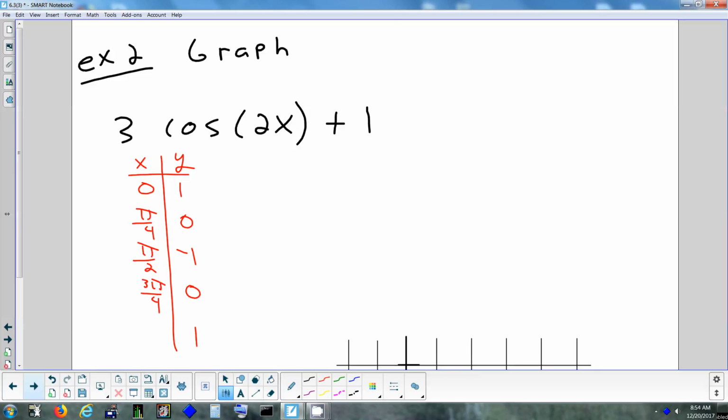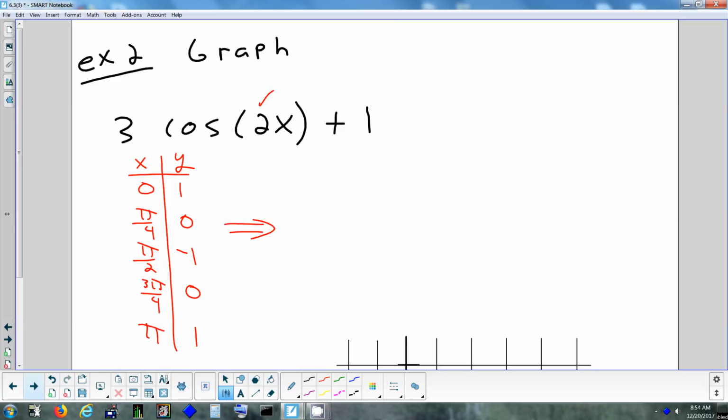And the last one, half of 2 pi gives me pi. And even though it doesn't look like a pattern, if there was a denominator of 4, you'd see a nice pattern. 0 pi over 4, 1 pi over 4, 2 pi over 4, 3 pi over 4, 4 pi over 4. Okay, so there's your period change.